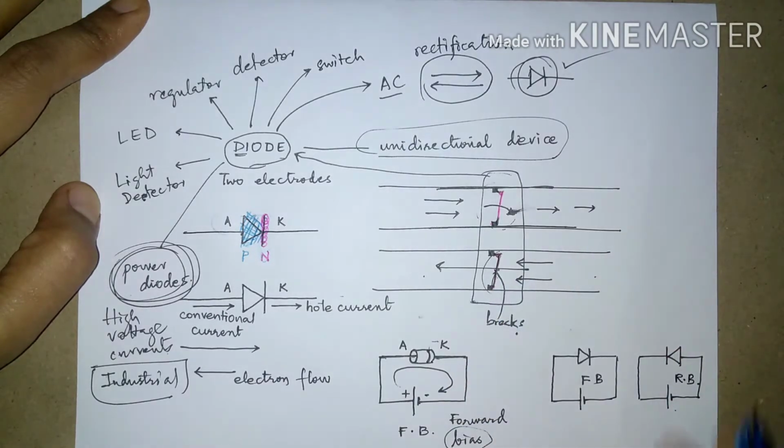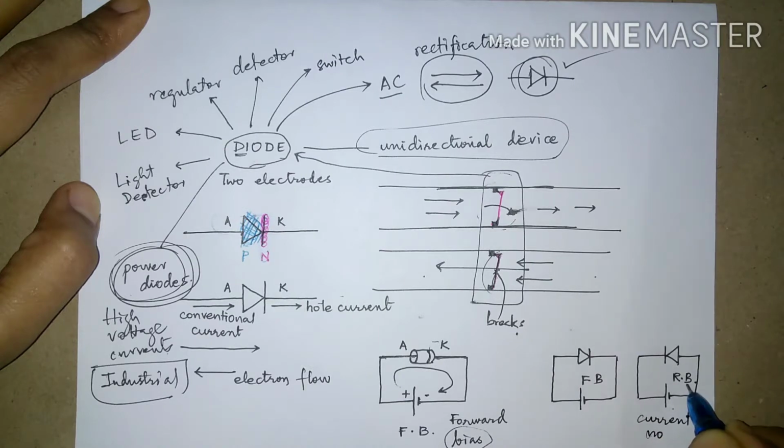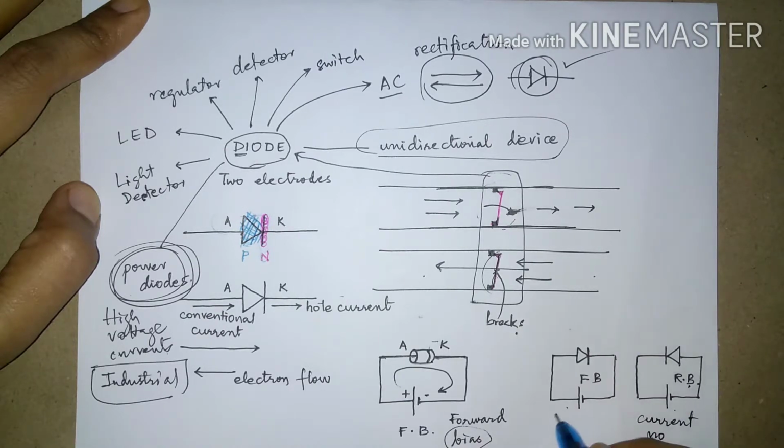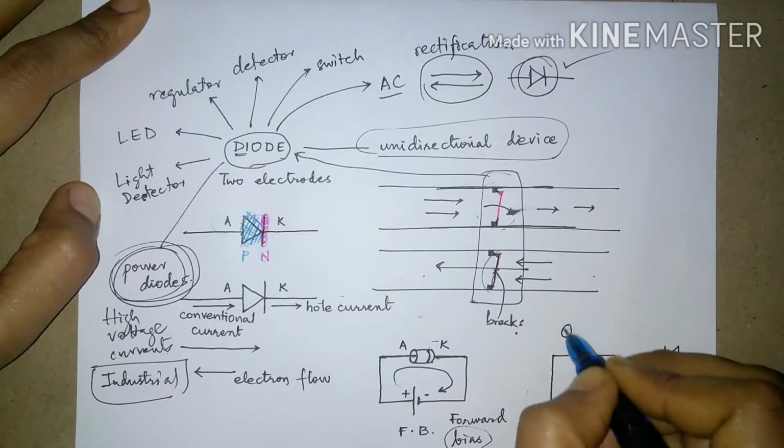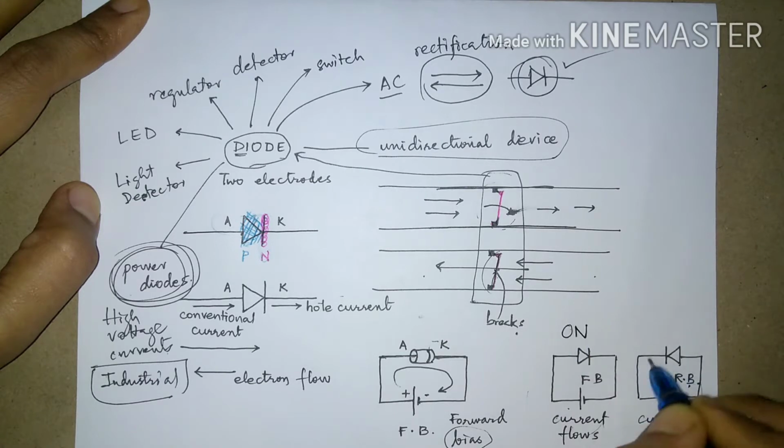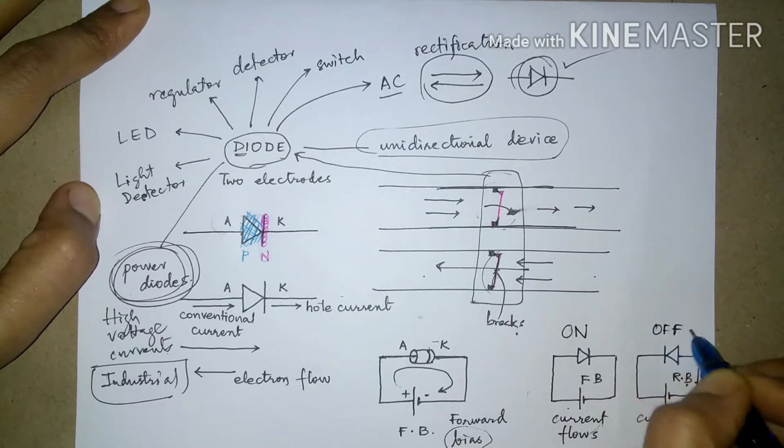It completely blocks the current flow. It does not allow any current to flow through. No current in reverse bias. In forward bias, current flows. So in forward bias, it is acting like an on switch. In reverse bias, it is acting like an off switch.